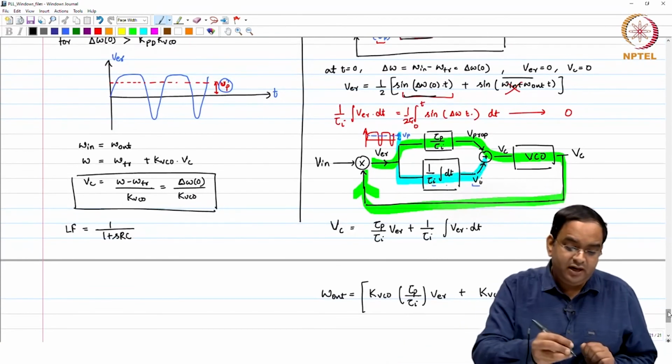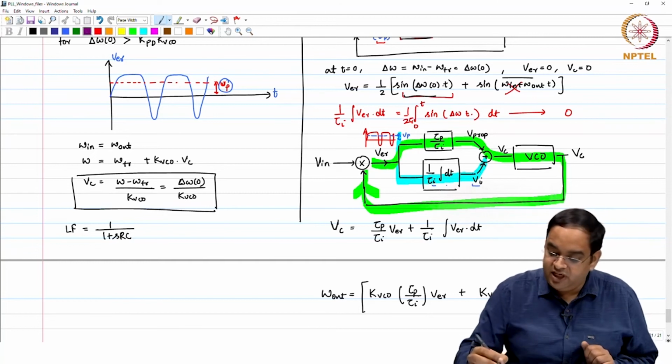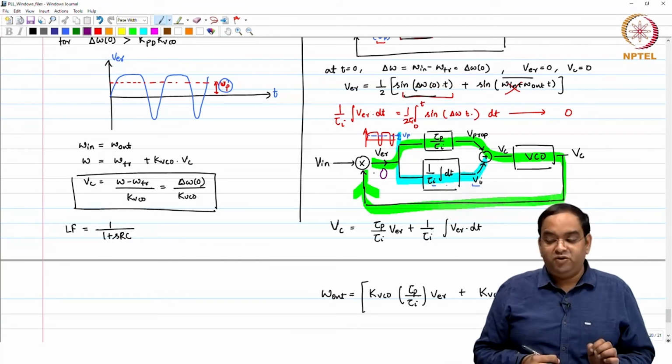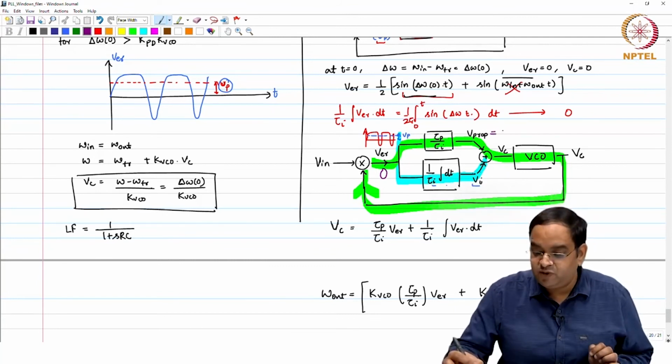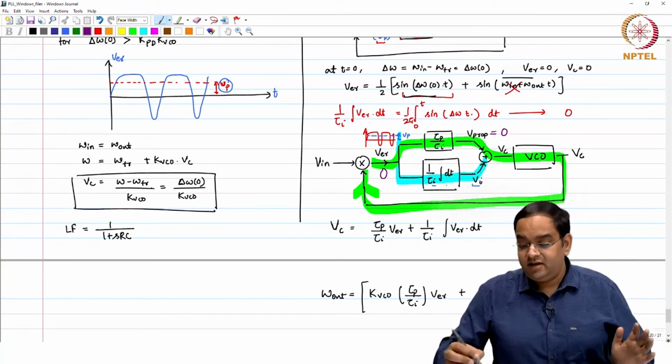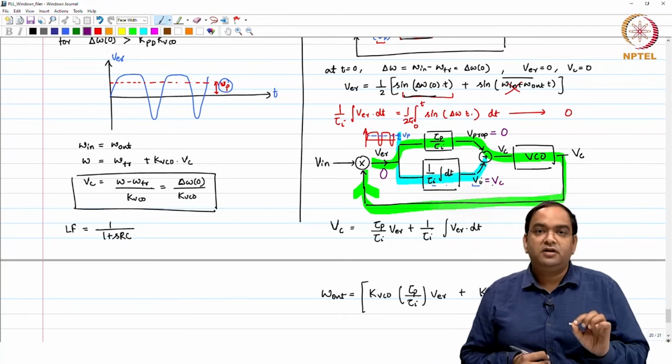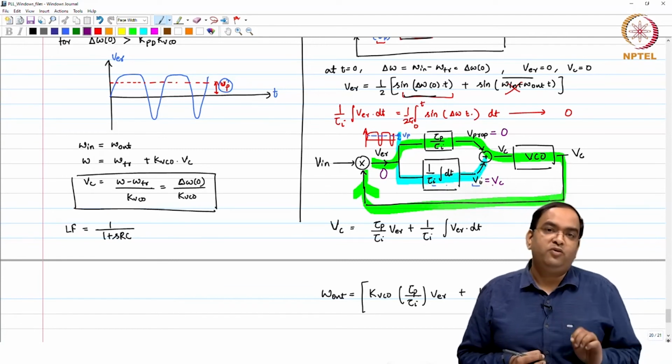In a steady state, the phase error will be equal to 0, the voltage error will be 0 here, which means V proportional will be 0 in a steady state, and Vi will have whatever control voltage is desired to lock the frequency.